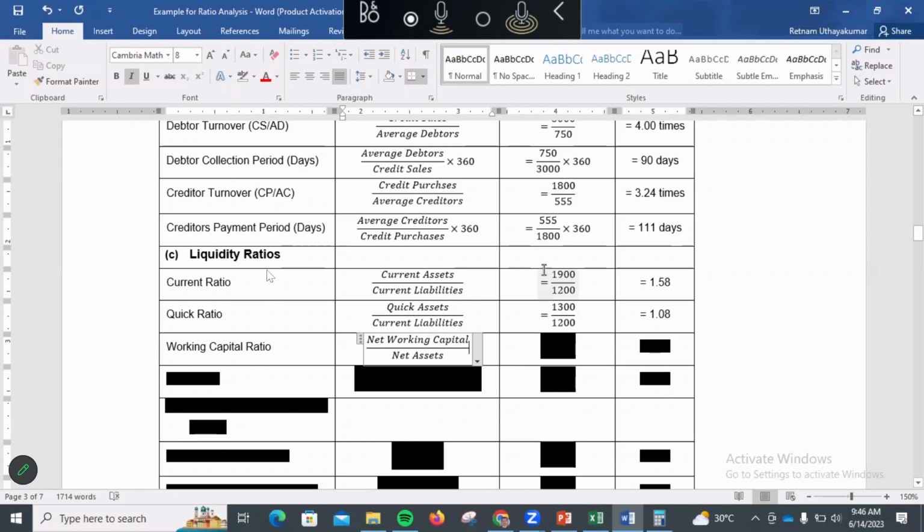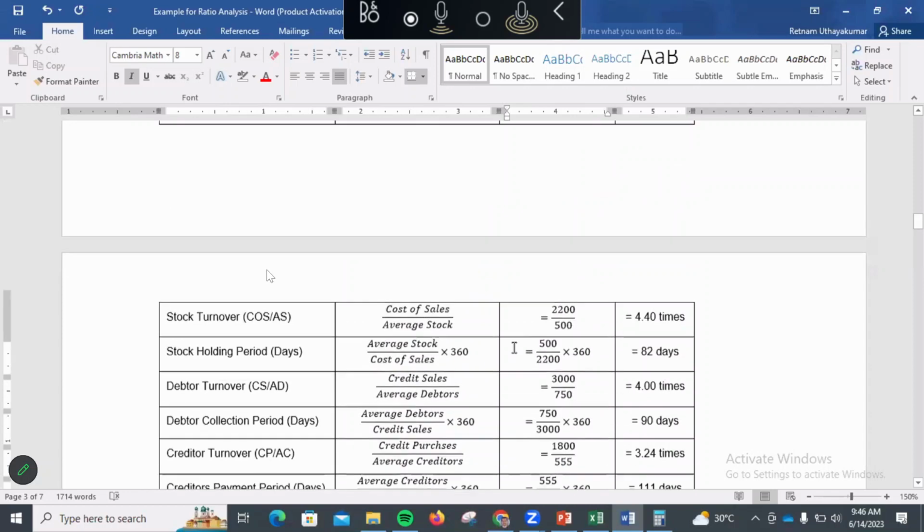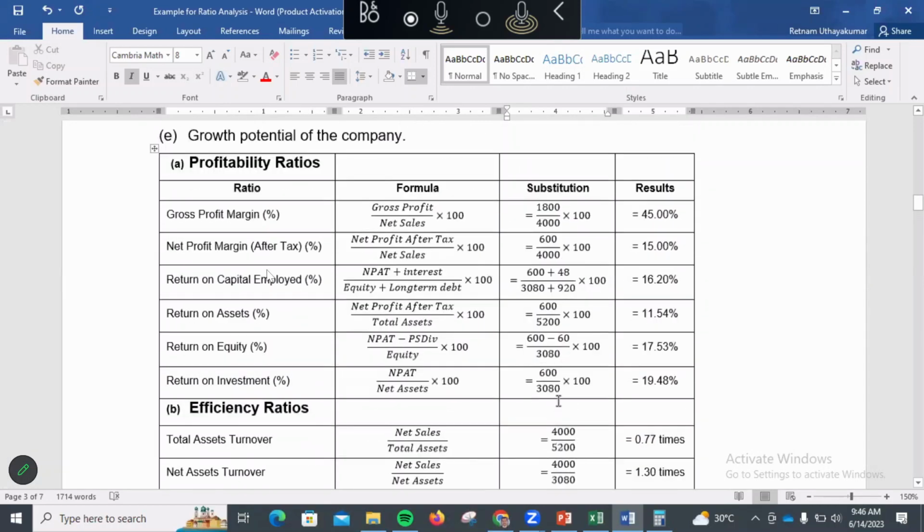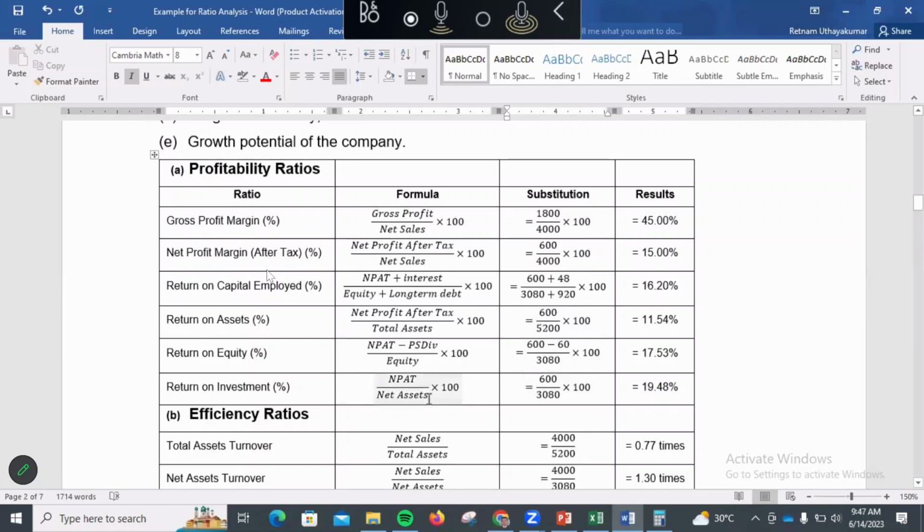So you know that the current assets are 1900 and current liabilities 1200. So you can find the net working capital as 700. So what is net assets? Net assets equal to equity. Already you have defined the equity, the return as 3080 net assets.